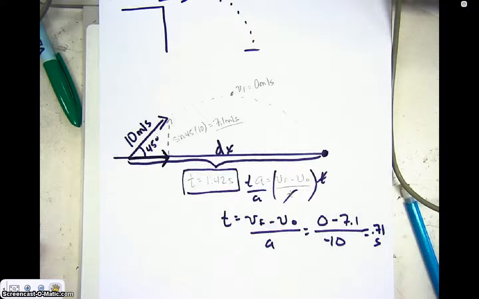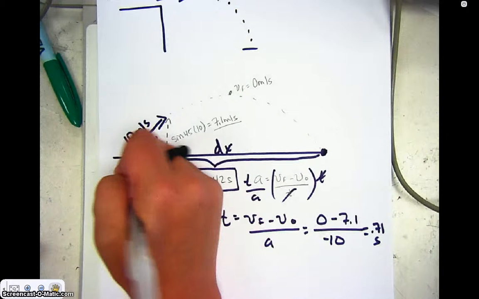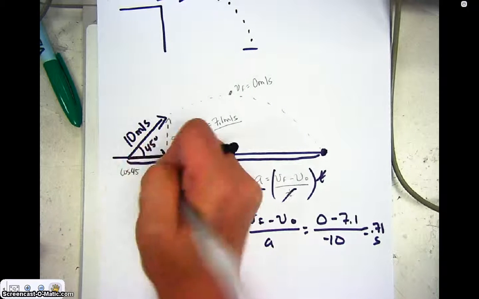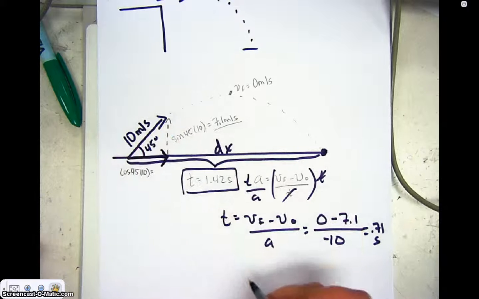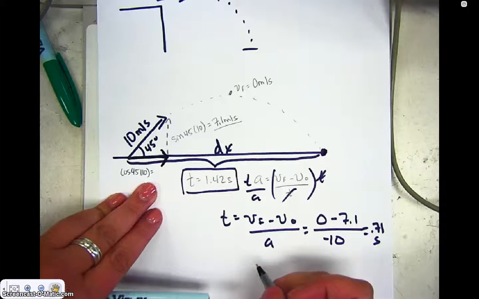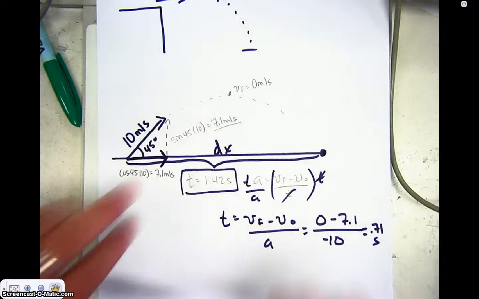Because I used 45 degrees, it makes it really easy because the sine and cosine of 45 are exactly the same. So all I have to do is rewrite that. Now I've got the cosine of 45 times 10. And I know that in the x direction, I have an initial x velocity of 7.1 meters per second.